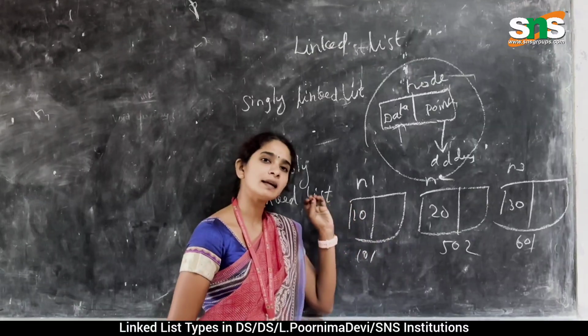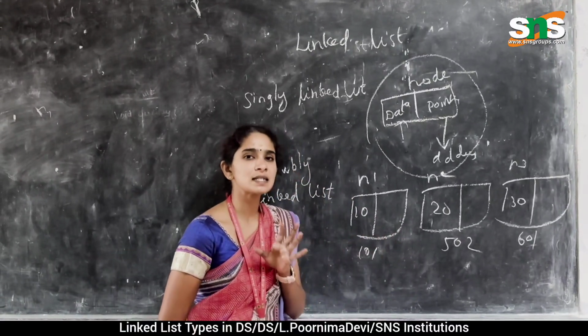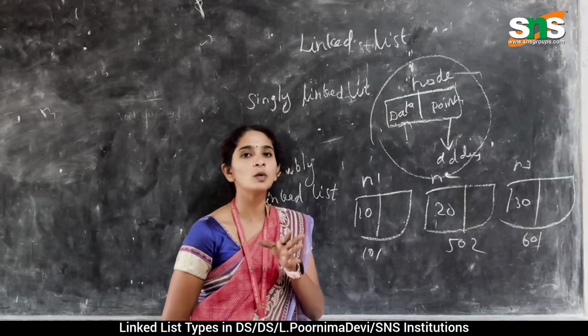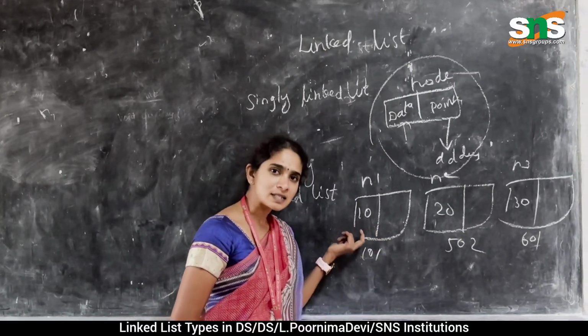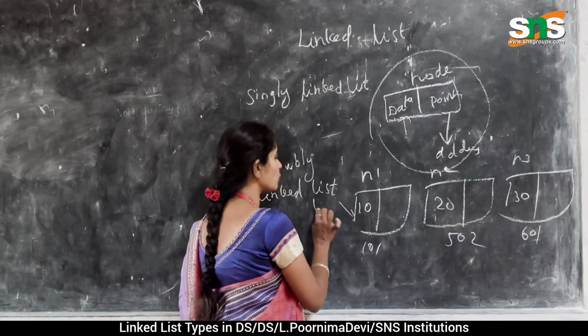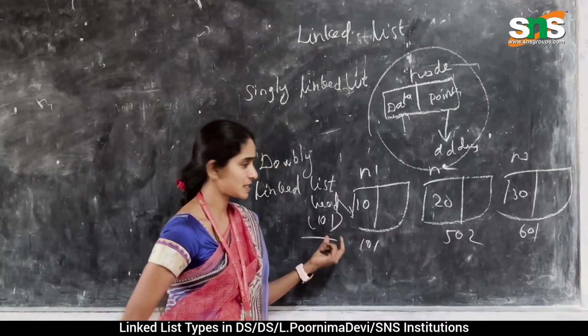You can allocate it anywhere in memory, but that particular element has to know the address of the next element. 10 is the first element, and the head pointer holds the address of the first element.